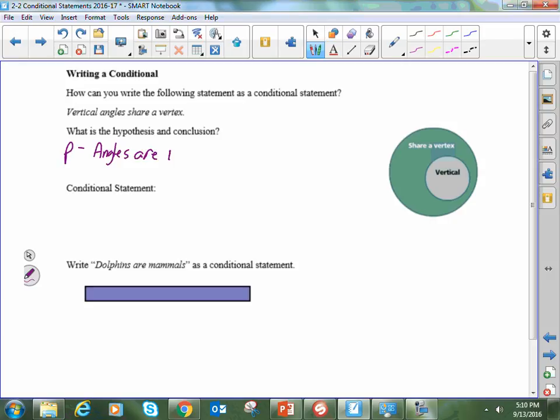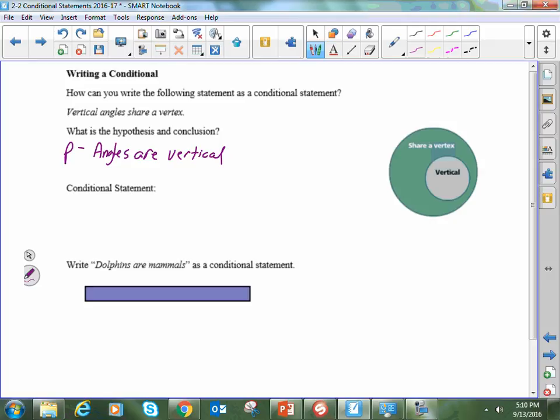Now obviously the word are is not there, and I changed the order of angles and vertical, and that's okay. All I'm really doing is when I'm thinking about this is I want to think, okay, so if I wrote this in an if-then form, how would the sentence read so that it still makes sense? So I'm going to go ahead and change it up a little bit and say angles are vertical.